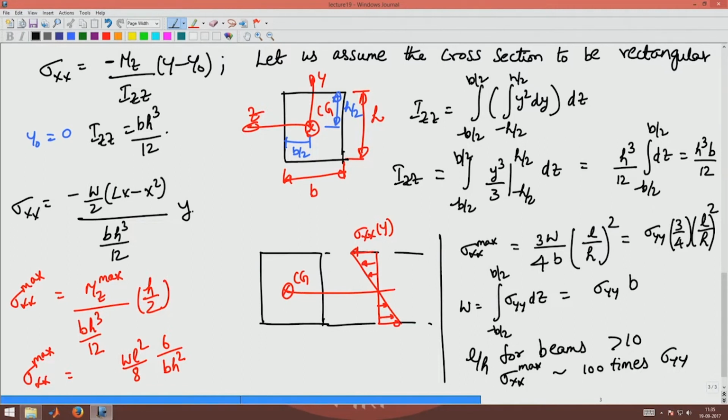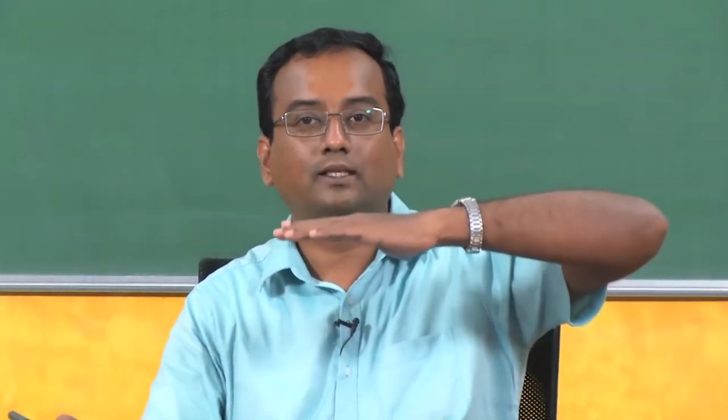So even though the applied stress is sigma yy, the stress that is developed in the beam because of the application of a sigma yy stress is 100 times more than the applied stress. That is why it is important to compute what the stress is. It is not enough to find what the applied stress is. The developed stress can be much more than the applied stress. This is a thing we will see repeatedly in this course. So this is sigma xx.